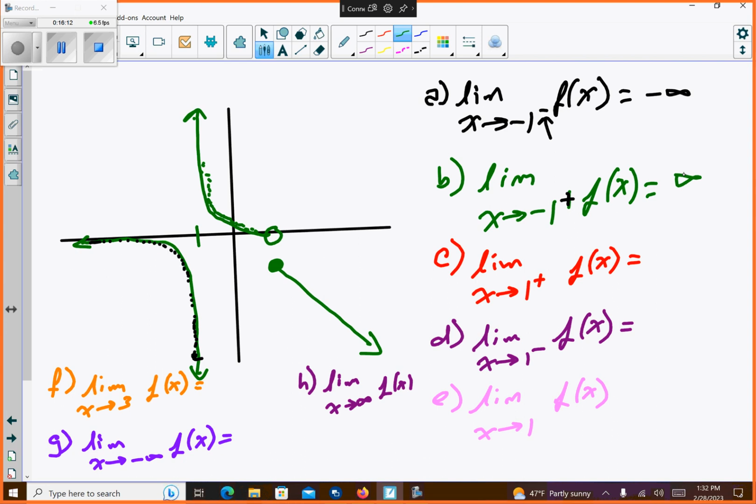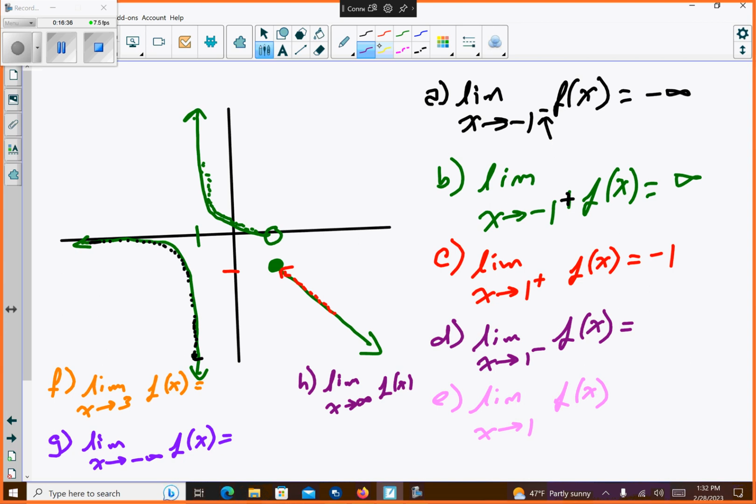Positive infinity. And then the limit as I approach 1 from the right, so I'm coming up this, what does it appear this point is here in the y direction? -1.